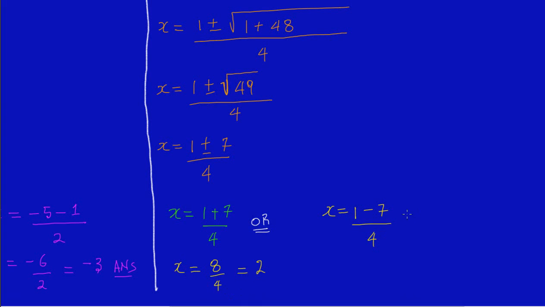And here, 1 minus 7 will give us x is equal to negative 6 over 4, which can be simplified: 2 into 4 goes 2 times, and 2 into 6 goes 3 times. We have a negative up here, so a negative divided by a positive will give us a negative, and we have simplified this fraction to negative 3 over 2, and those are our answers.